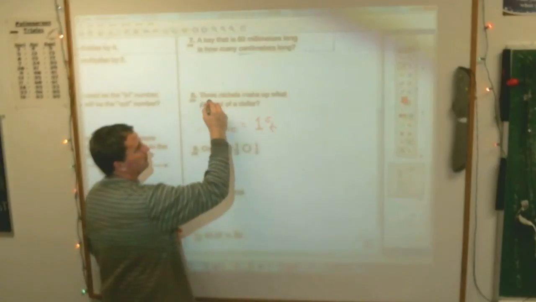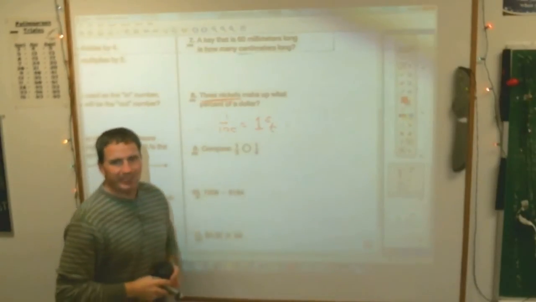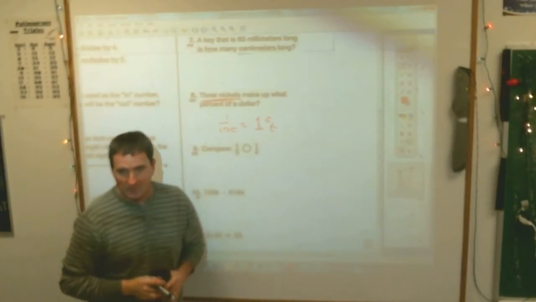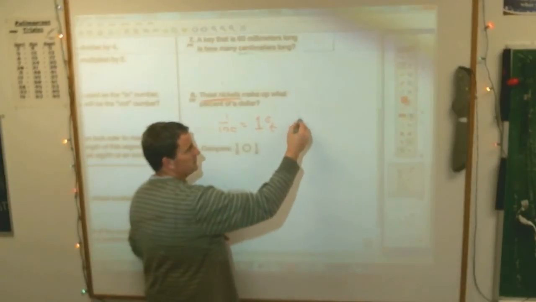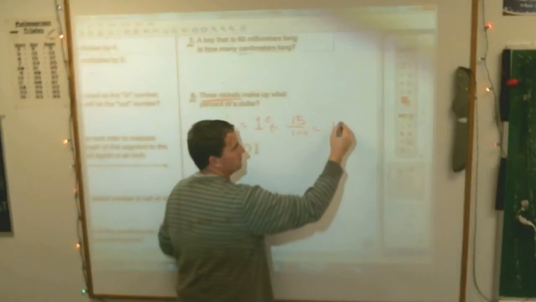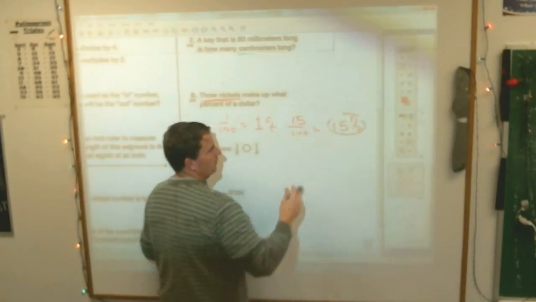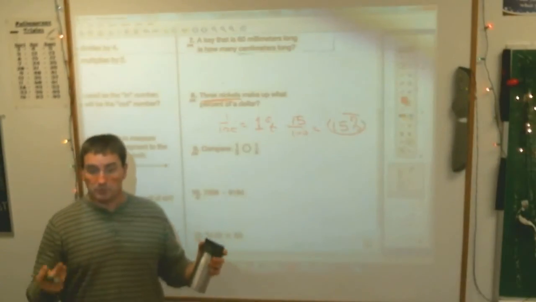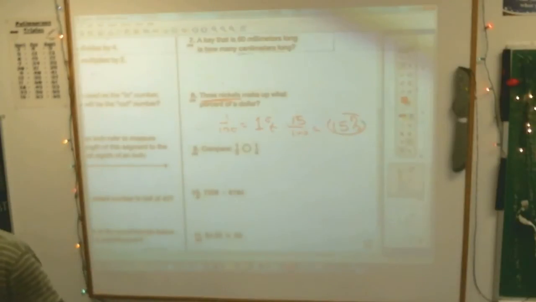So if you have 3 nickels, how many cents is 3 nickels? 15. 15, which means it's 15 over 100th of a dollar, which makes it 15%. However many cents you have, that's what percent of a dollar you have. 2 quarters is 50% of a dollar, because it's 50 cents. 3 quarters would be 75%.